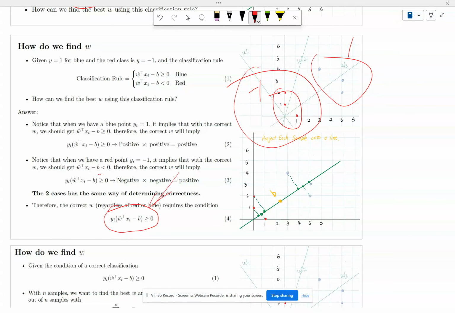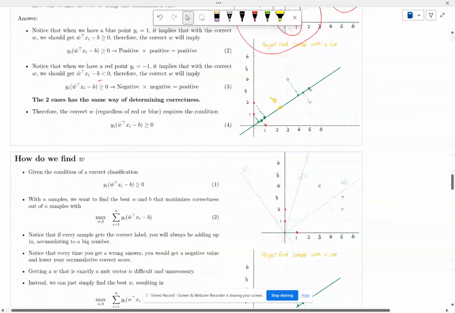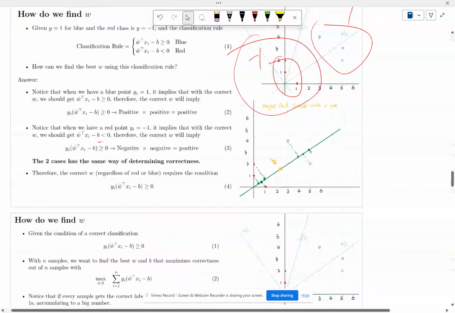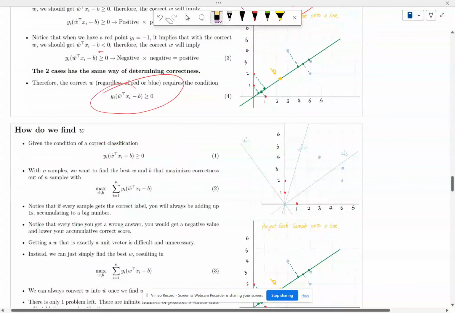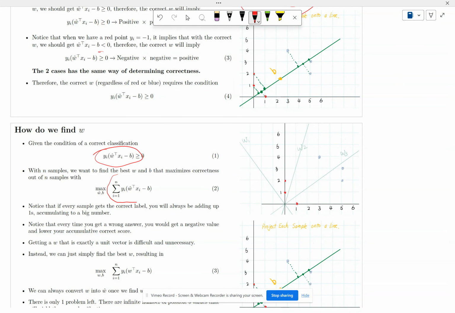So how do we find W? We've been asking the same question again. Well, now that we have come to this conclusion, if we have n samples, then the larger this value is, the more correct we are. And the more negative it is, the more wrong. Therefore, we want to find the W and b such that the correctness is maximized.